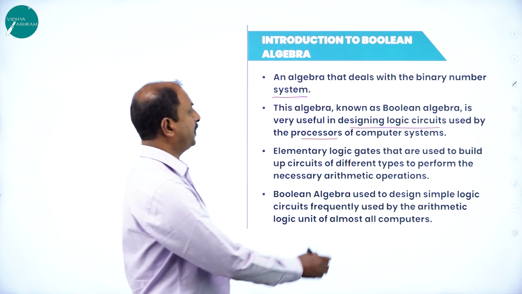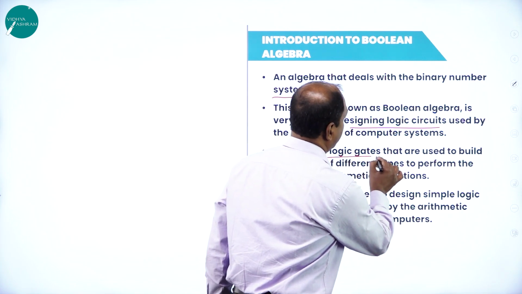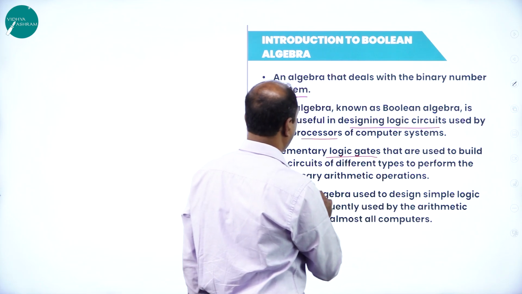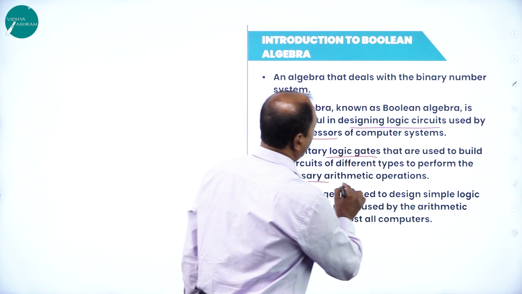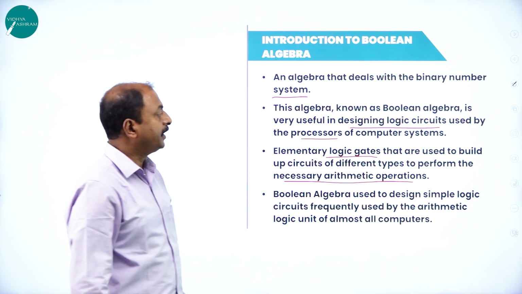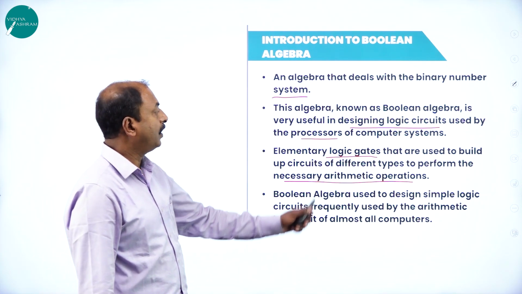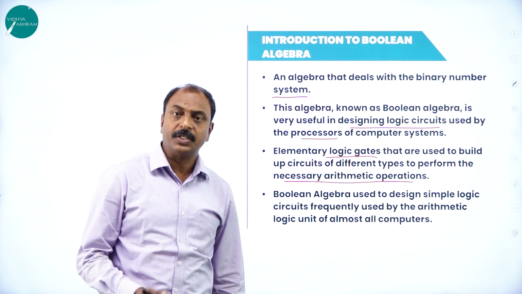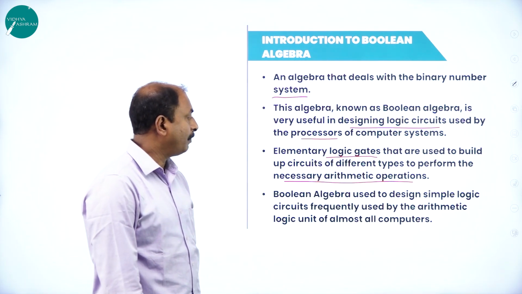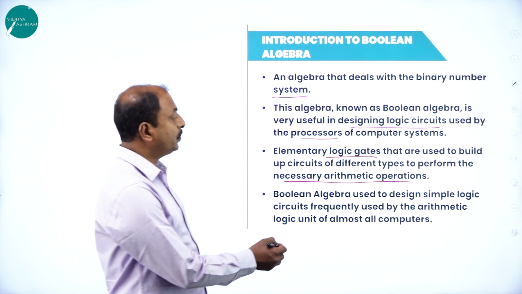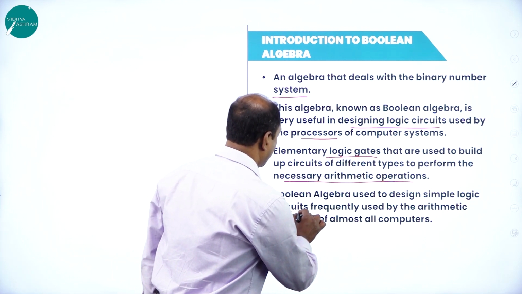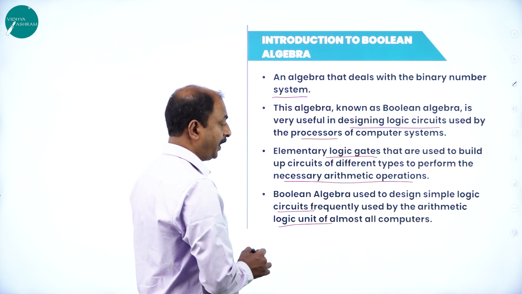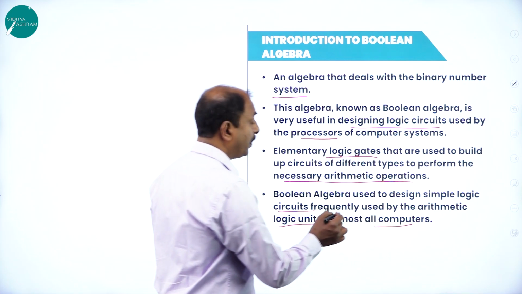Now, the elementary logic gates are used to build circuits of different types to perform arithmetic operations. So it is possible to have different logic gates, and with their help we can have different logical circuits for different arithmetic operations. It is used to design simple logic circuits, frequently used by the ALU, the arithmetic logic unit, of all computers.